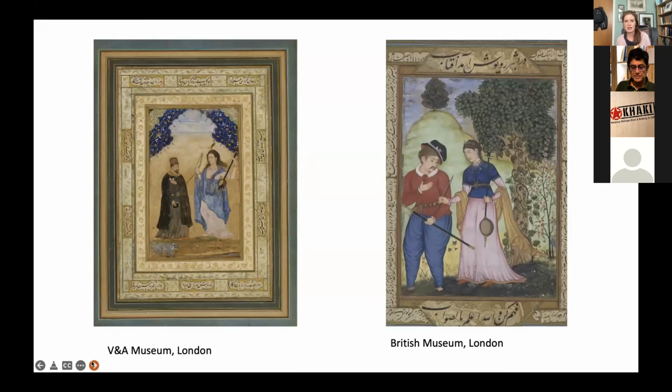There's a great deal of appropriation that develops different sorts of stereotypes within Mughal art. And on the left-hand side, we see a drawing that puts together two different motifs.